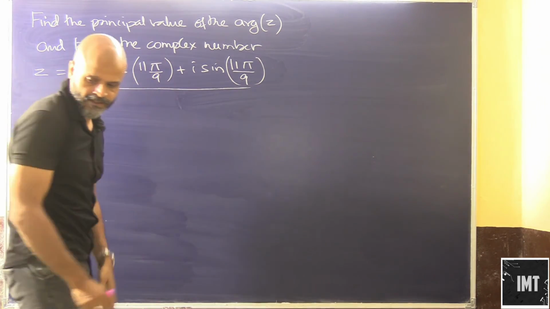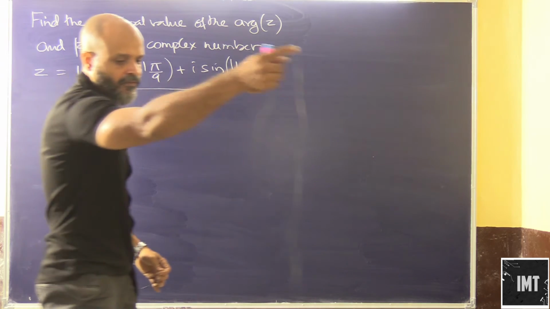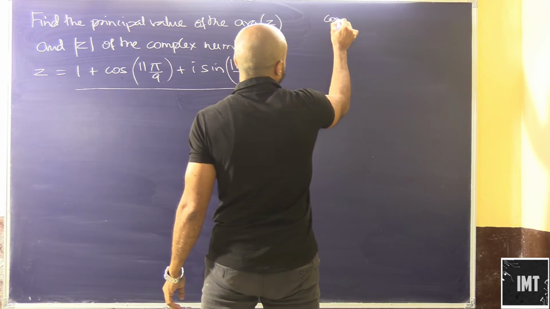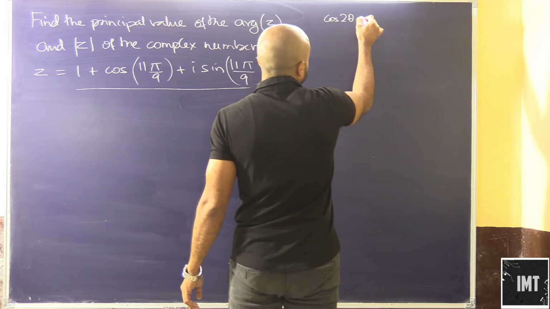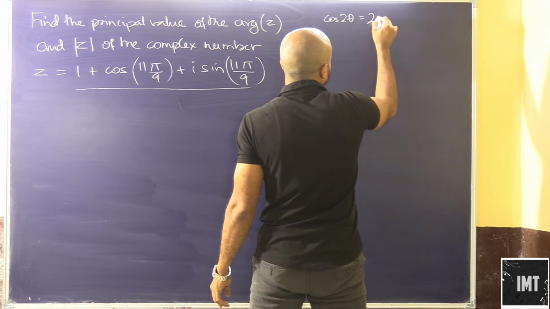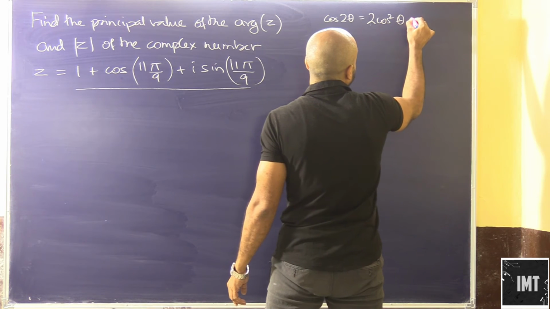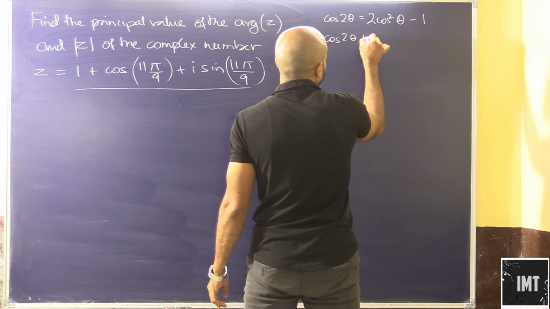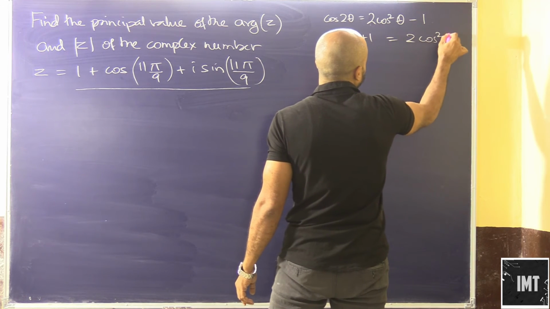If we look at this format very closely, what we find is cos 2 theta, which is one of the most important formulas that we have, equal to 2 cos square theta minus 1, which we can write as cos 2 theta plus 1 is equal to 2 cos square theta.